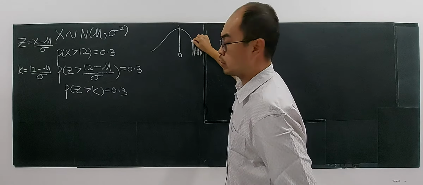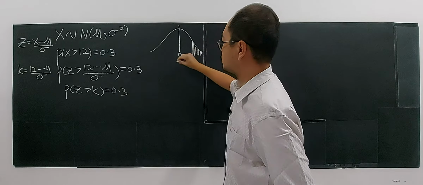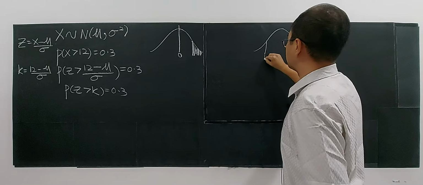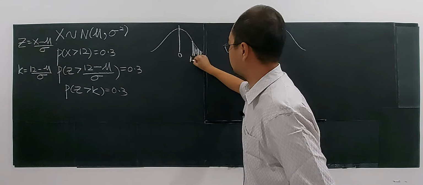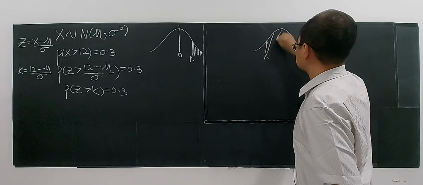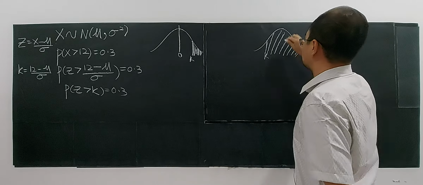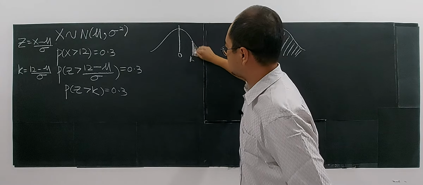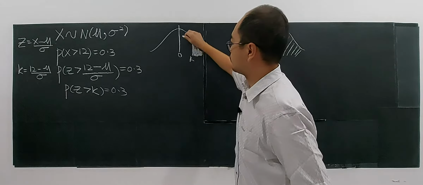I'm not drawing this, okay? There are two possibilities for the value of k: it can be for an area greater than 0.5, or for an area less than 0.5.